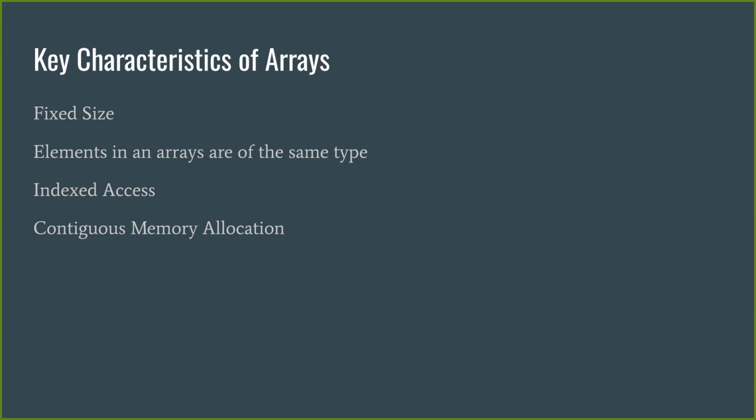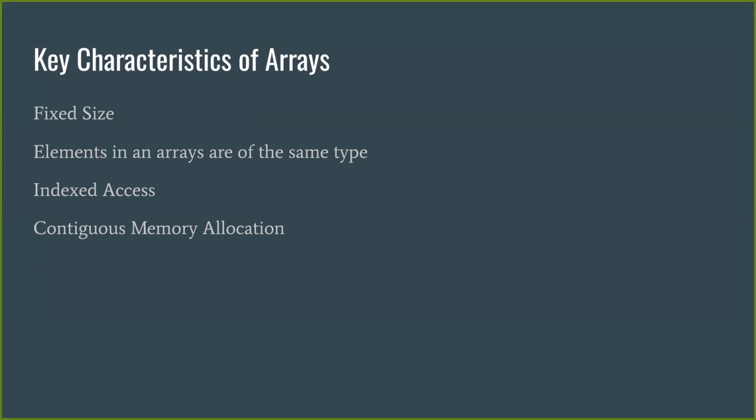If I were to go over each characteristic in more detail, what we mean by fixed size is that once an array is declared, its size is fixed and cannot be changed. So what this means to you is that you need to know the maximum number of elements you need to store in advance.